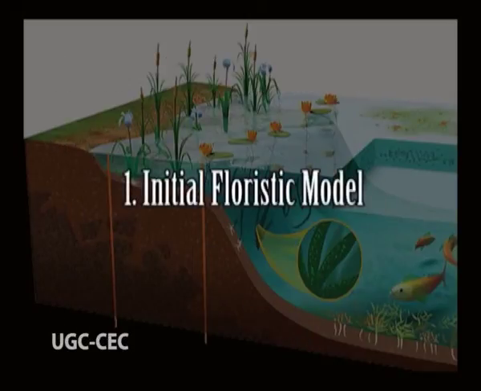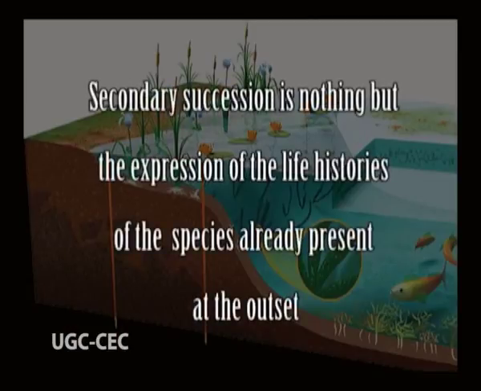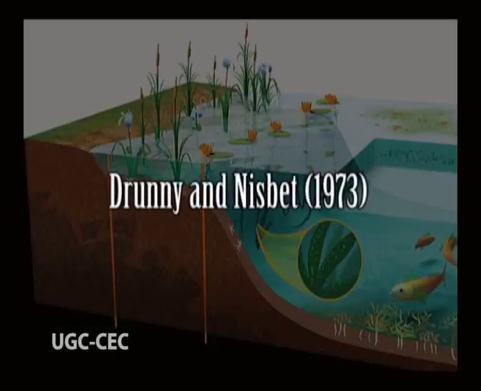Now, the initial floristic model. This school of thought holds the view that secondary succession is nothing but the expression of the life histories of the species already present at the outset. This is also called the differential longevity hypothesis. Drury and Nisbet, 1973, stated that initial conditions and species composition are the critical determinants of the future development of the community.